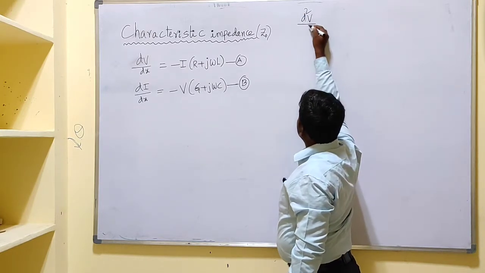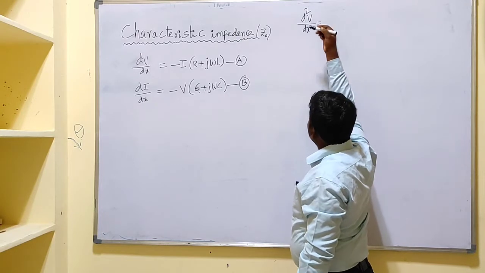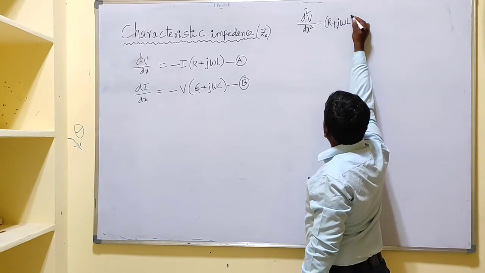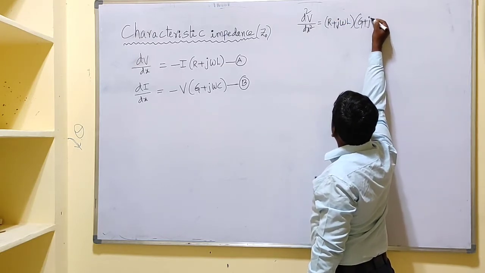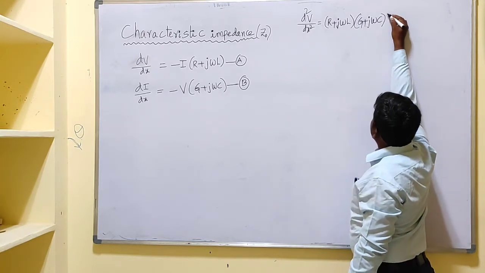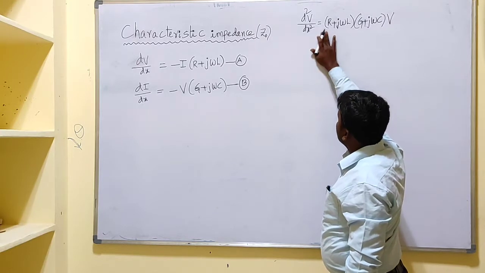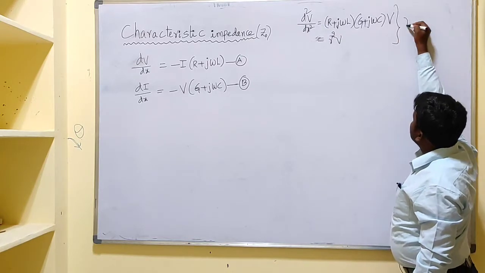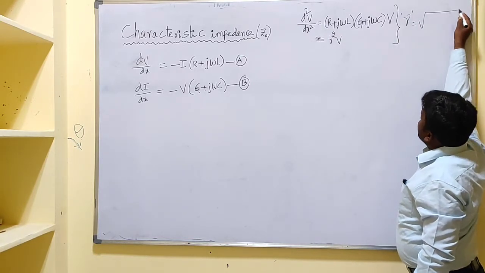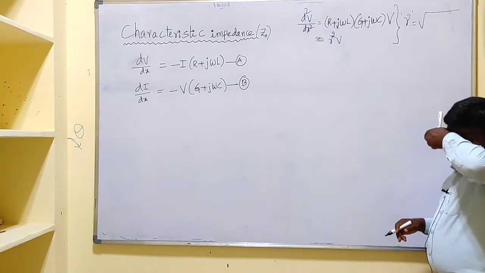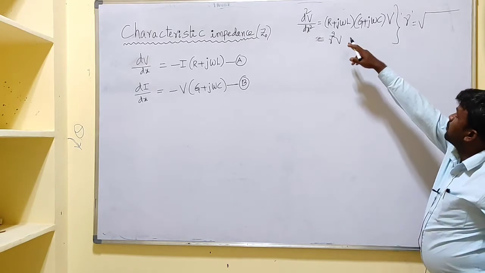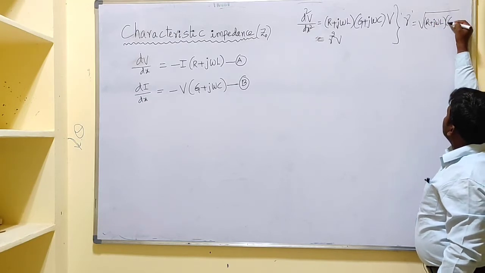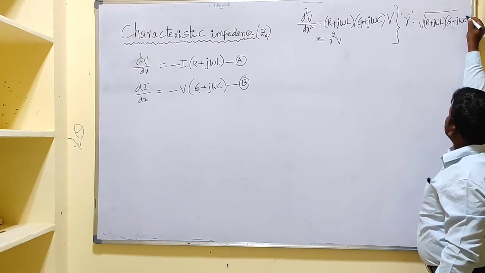That is, d square V by dx square is equal to (R plus j omega L) into (G plus j omega C) into V. Of course, this can be written as gamma square into V, where we took gamma as the square root of (R plus j omega L) into (G plus j omega C).